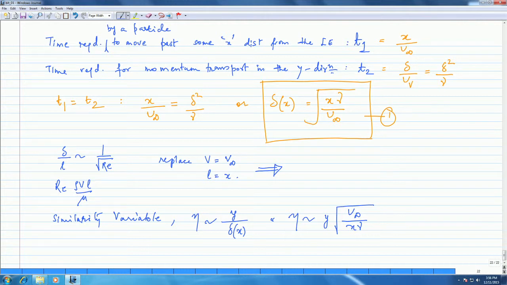Now, what we are going to do is introduce some sort of a factor so that we get an equality here.